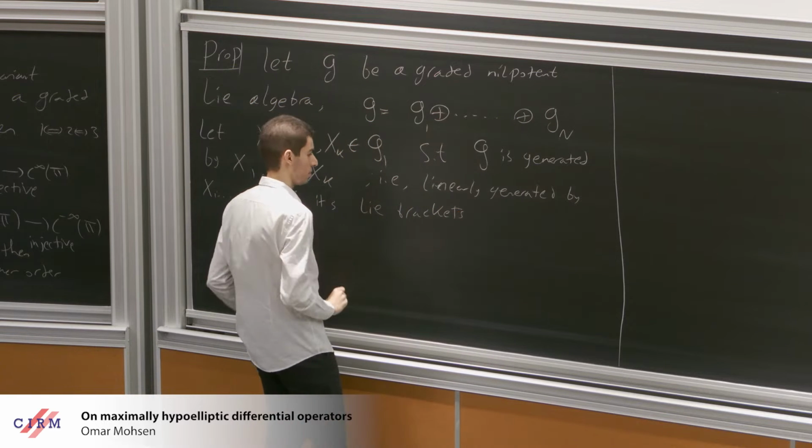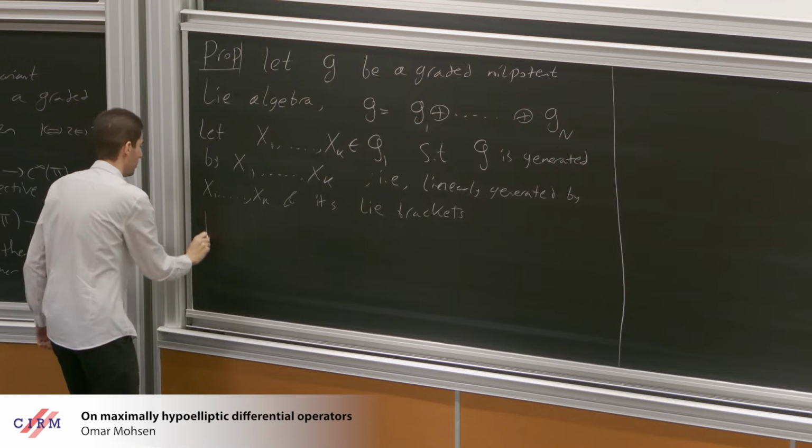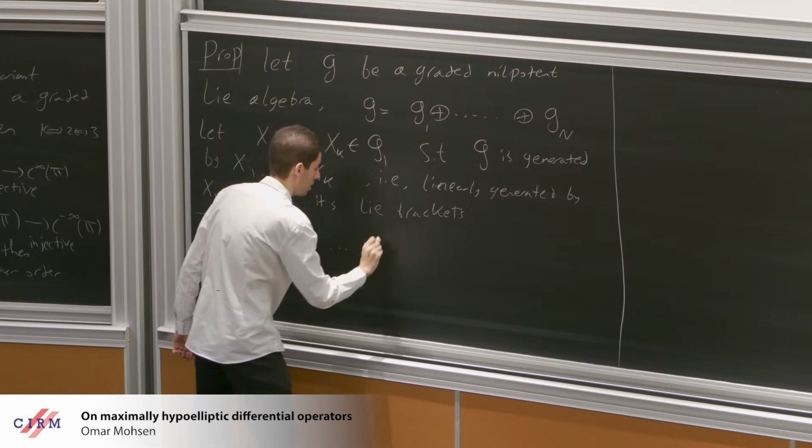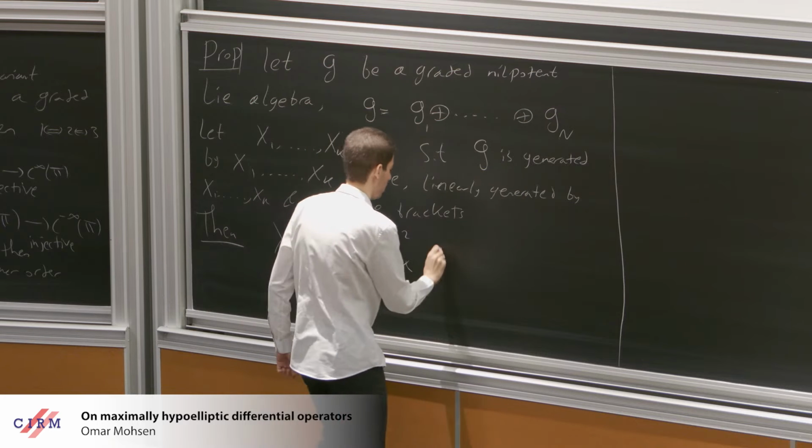Then x1 squared plus up to xk squared is hypoelliptic.